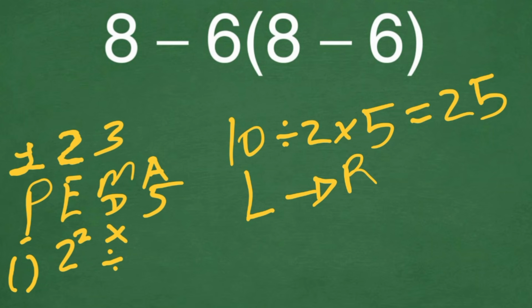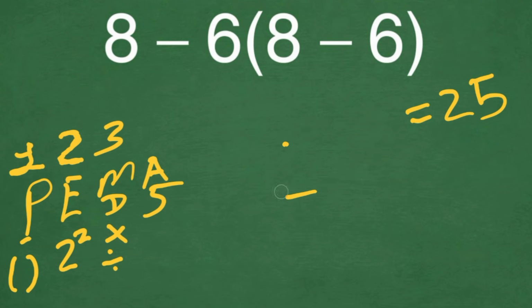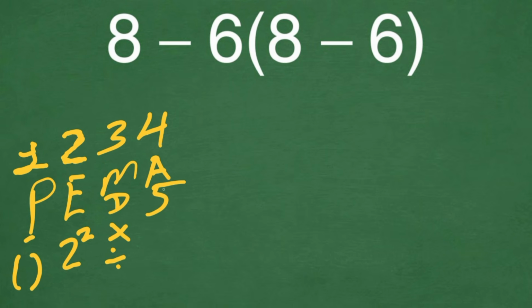So this is the thing, and the final thing we need to see is addition and subtraction, right? Like multiplication and division, addition and subtraction as well have equal priority, meaning we have to solve them left to right if we encounter such problems.